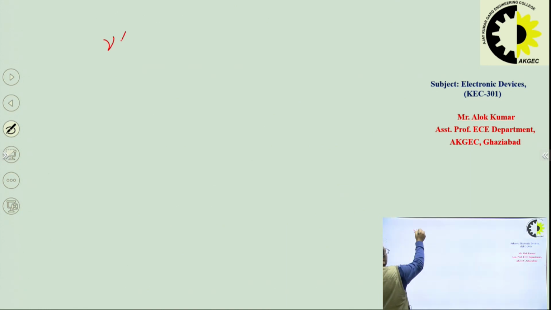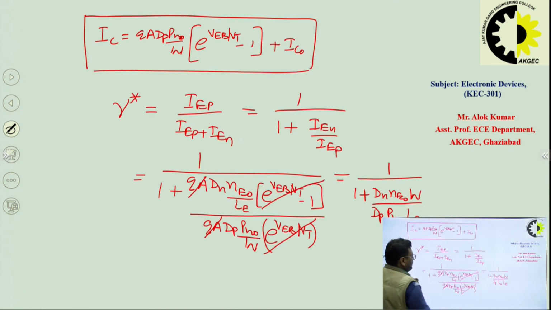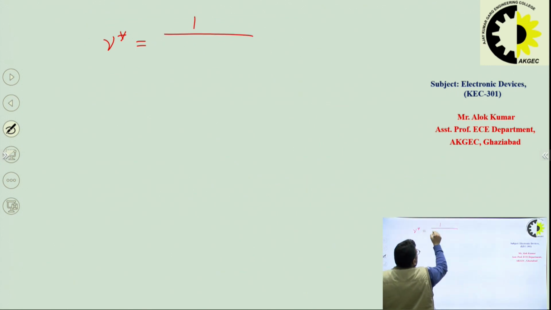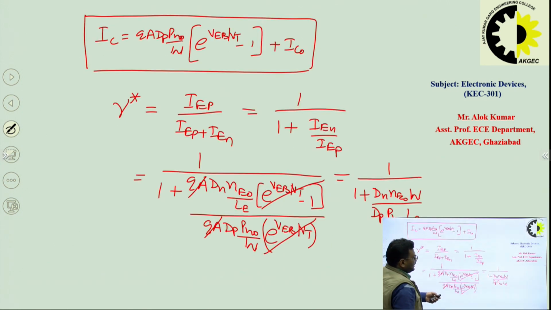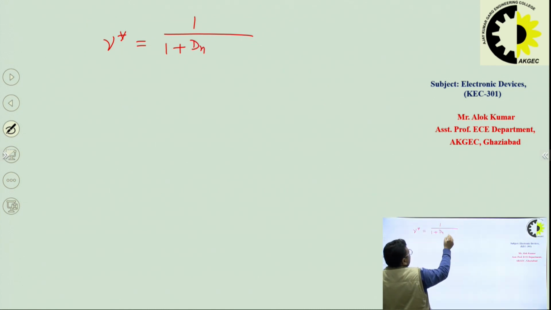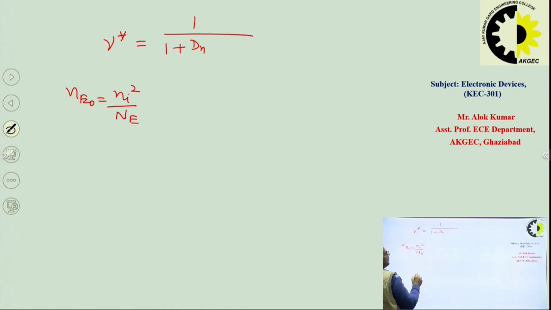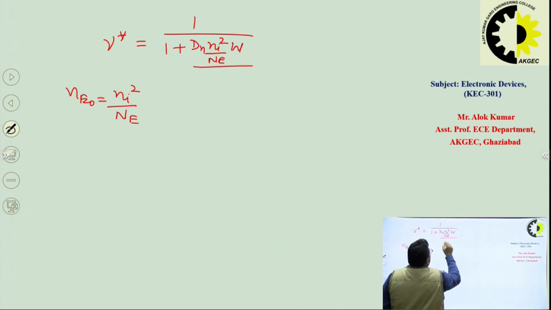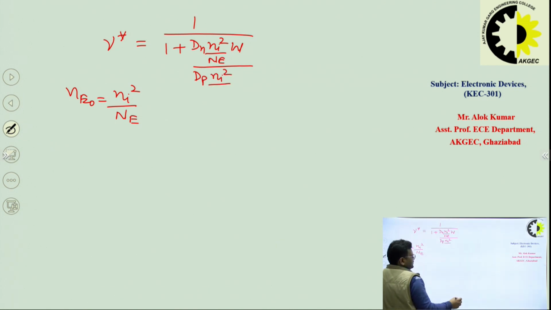This gamma star we can write as 1 upon 1 plus dn into this NE naught. NE naught we know is nothing but Ni square divided by Ne. So here I can write Ni square divided by Ne into W, and similarly here I have dP into Ni square divided by, what is this, PN naught.